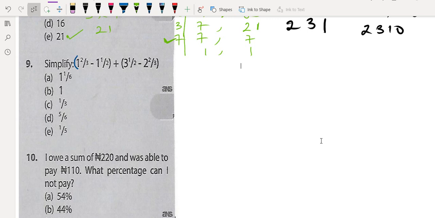Not good. Not good. What's the answer? 1. Okay, let's talk together.